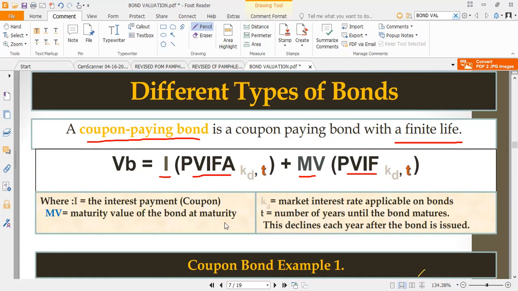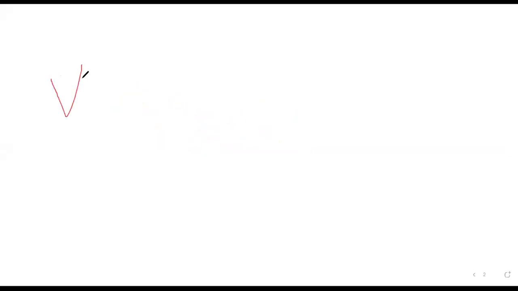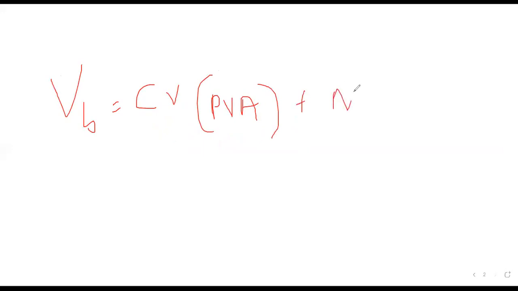This is called a coupon bond. The value of the bond is simply the coupon value times the present value annuity factor, plus the maturity value or face value multiplied by the present value interest factor.